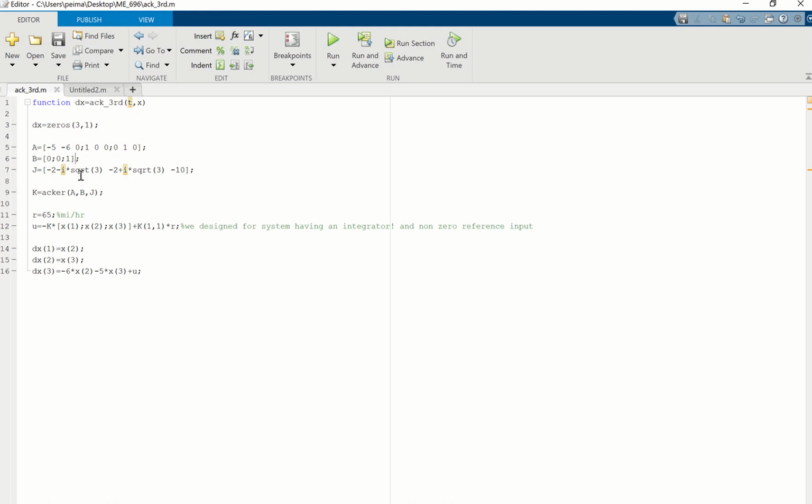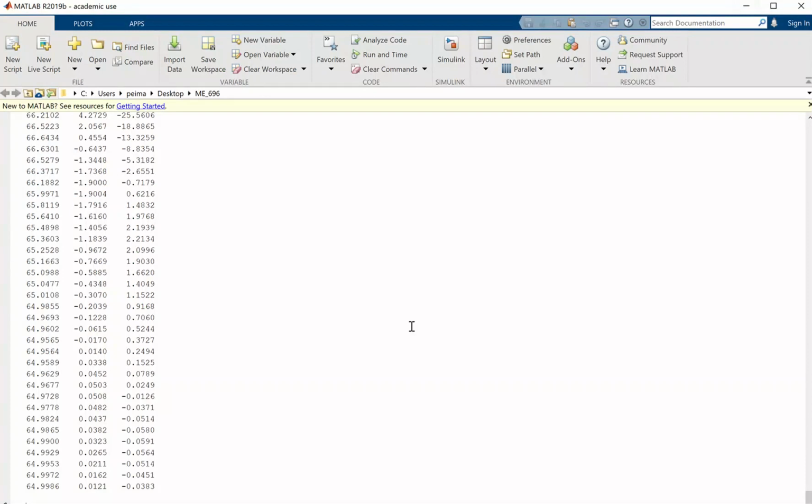That's right, as I did in the beginning of this class. And B was 1, 0, 0, like this. Now again, the J is the same. First of all, let me see the gain that we get outside of here. Look at here, guys.